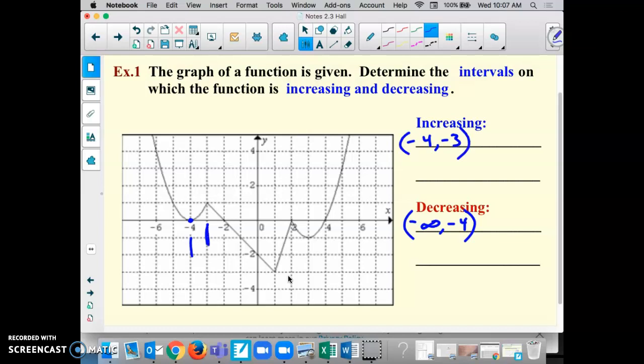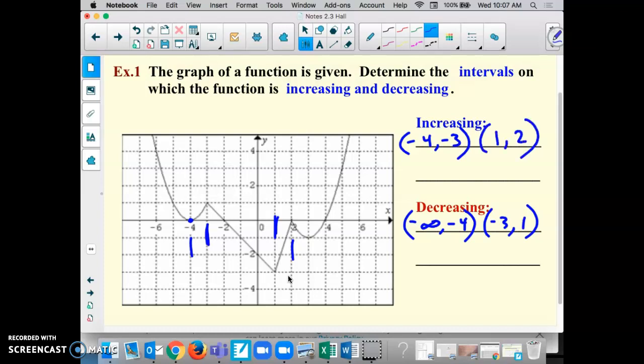And then from -3, it looks like to about 1, it is decreasing. So -3 to +1, it's decreasing. And then from 1 until, looks like that's 2, it's increasing. So 1, 2, again parentheses.